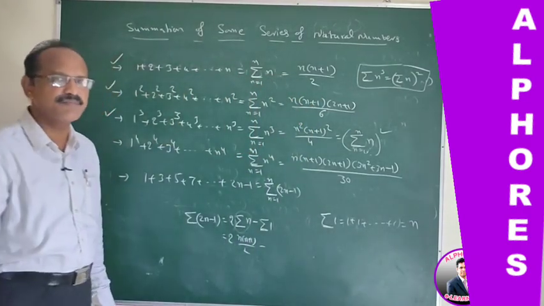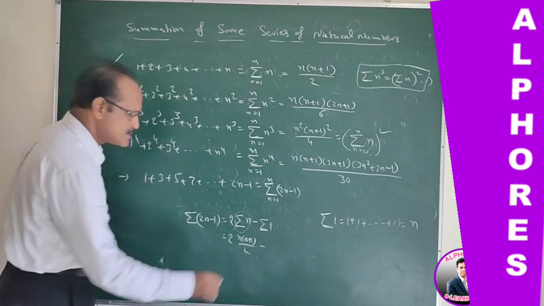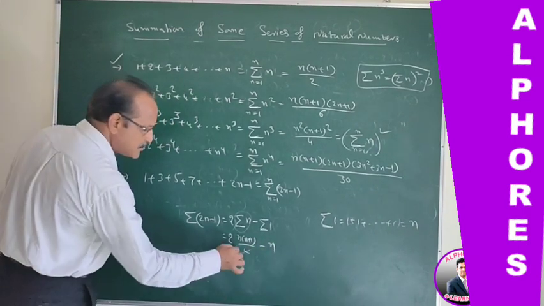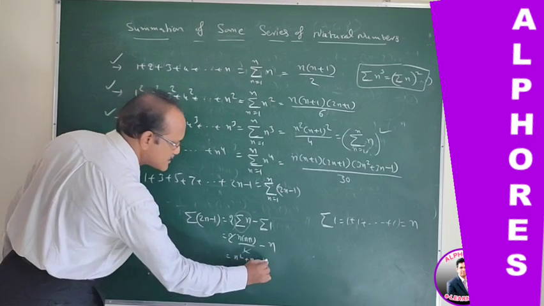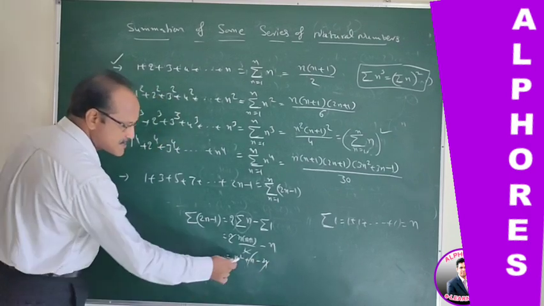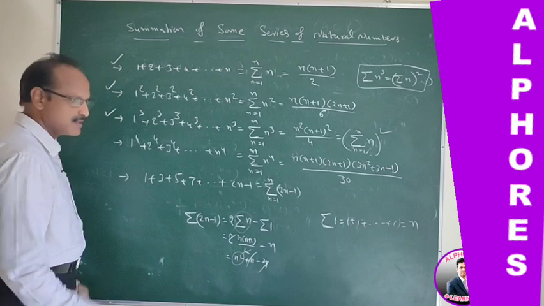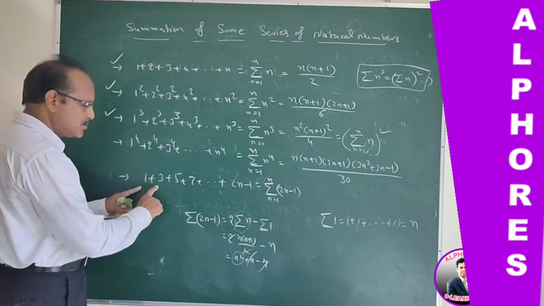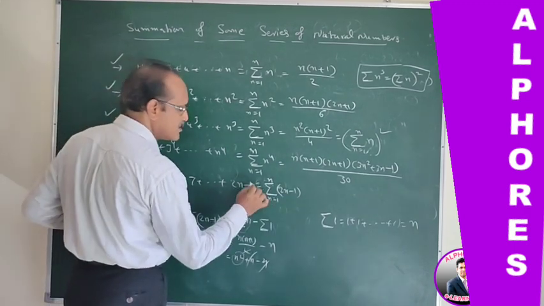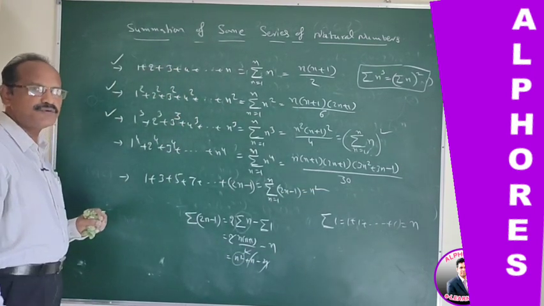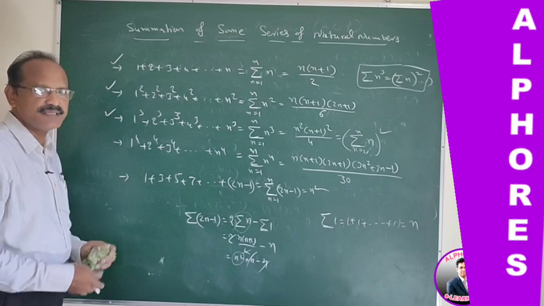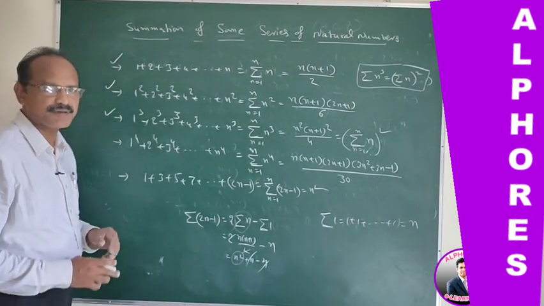So remember that sigma 1 is n here. 2 gets cancelled, n square plus n minus n. The plus n minus n gets cancelled, so the remaining is n square. That means finally the sum of the first n odd natural numbers is given by the formula n square.